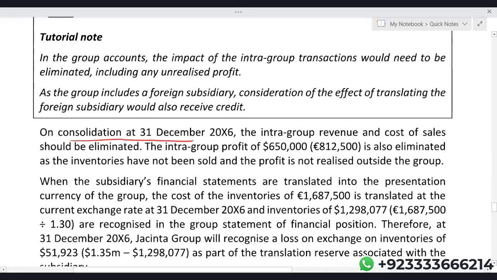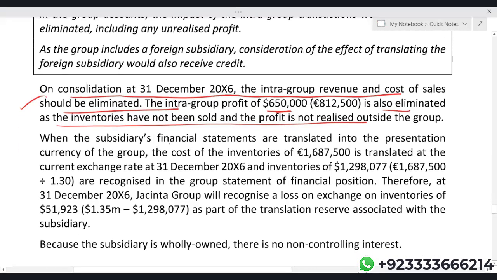On consolidation, December X6, the intra-group revenue and cost of sale should be eliminated. We know the intra-group sale will be eliminated, intra-group purchases will be eliminated, and unrealized profit will also be eliminated, as the inventories have not been sold and the profit is not realized. When the subsidiary's financial statements are translated into the presentation currency of the group, the cost of the inventory, 1.6875 million, is translated at the current exchange rate, in dollars.